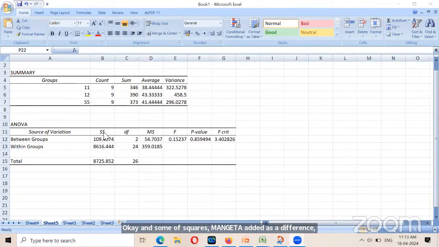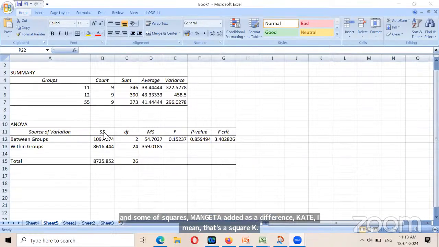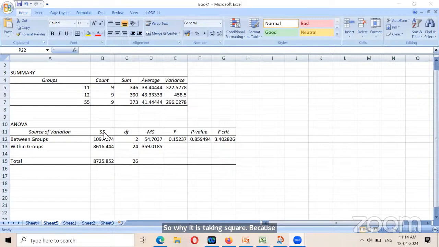So why is it taking the square? Because whenever we do calculations, sometimes we can have positive values and sometimes negative values also. Suppose I am doing -8 minus 8 plus 2, or -8 plus 3, so the answer is -5.